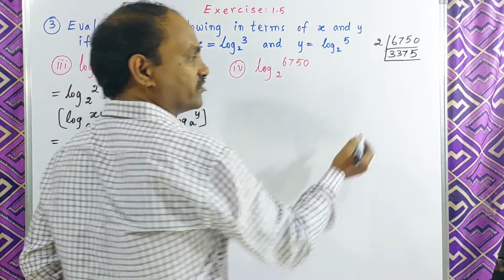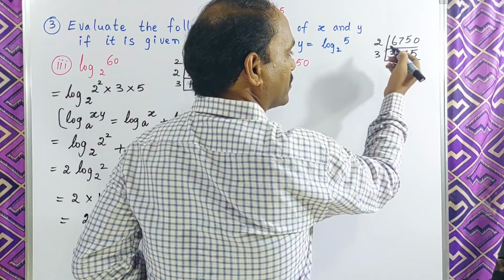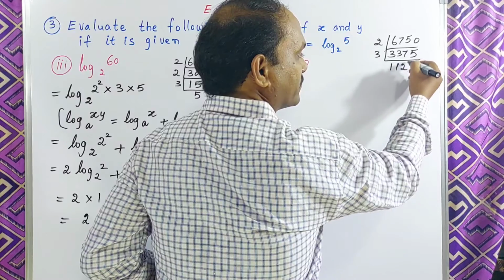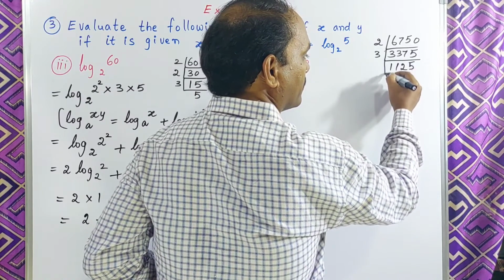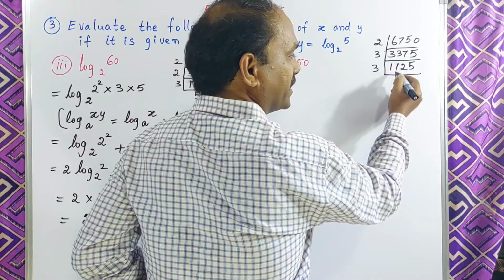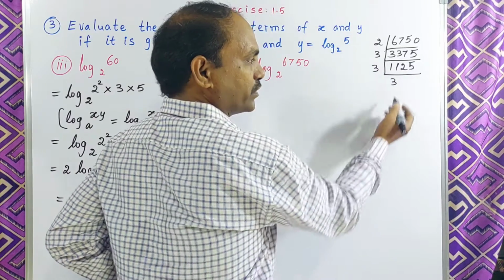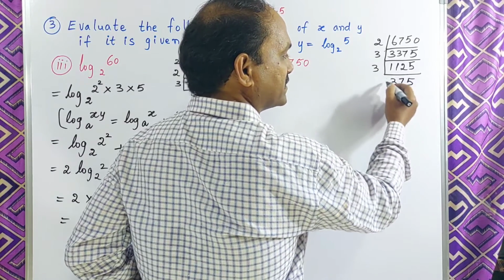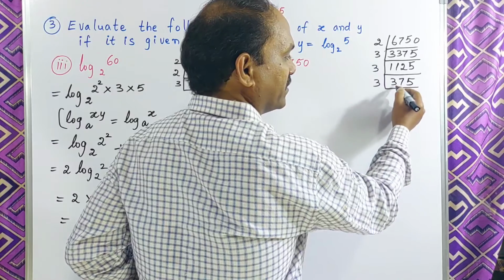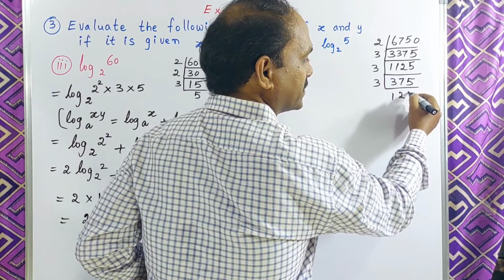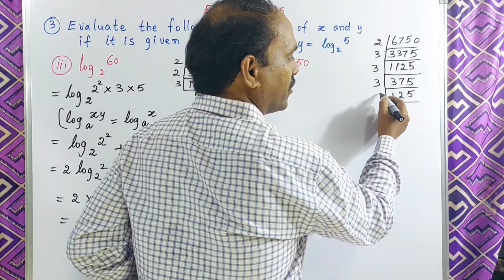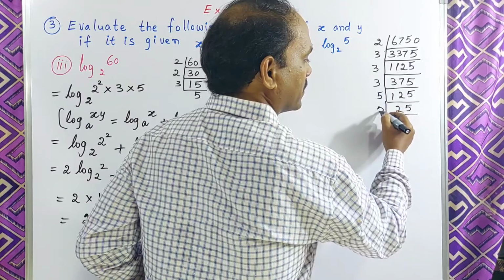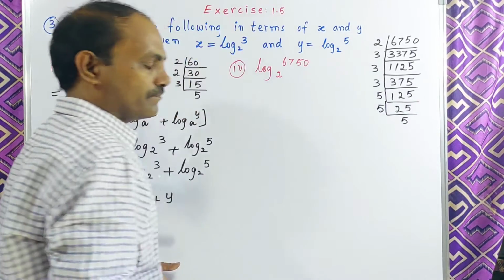It is divisible by 5, or you can divide by 3. Divide by 3 again, then again by 3, then we can divide with 5, and again with 5.